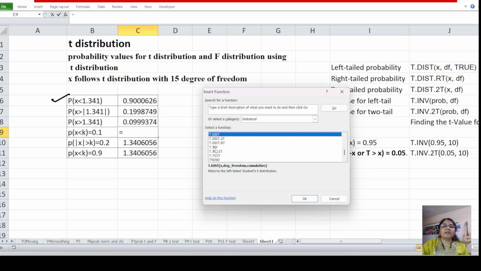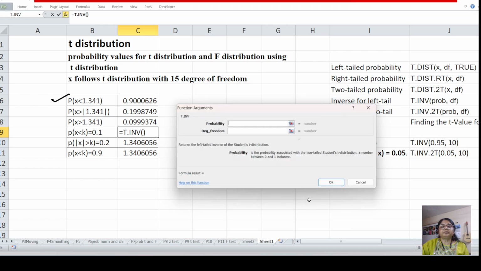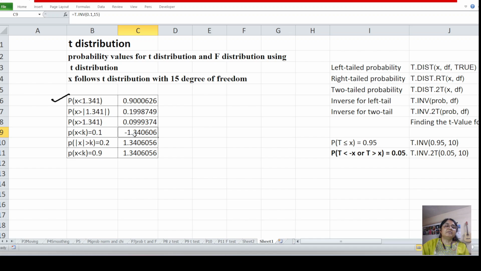When you want to find the left one, probability of x less than k, use t dot inv, then click OK. Here the probability is given 0.1, and the degrees of freedom is 15. So the answer will give minus 1.3406, right?